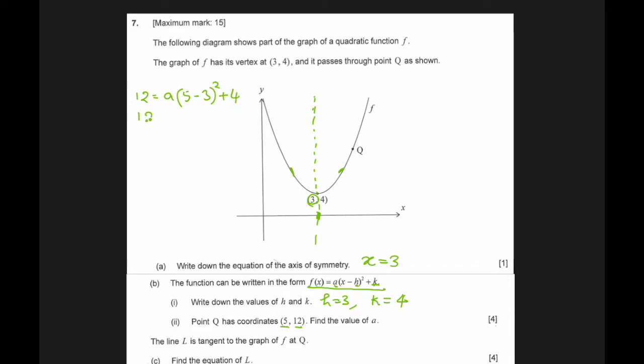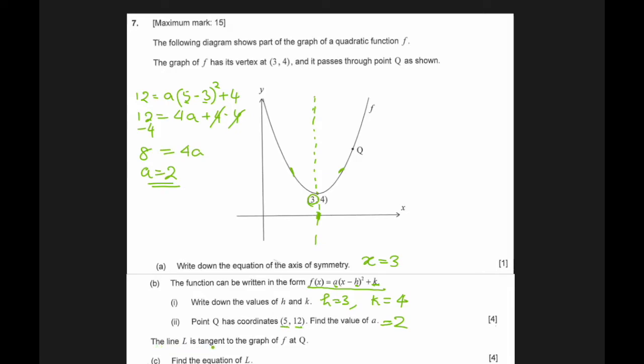So 12 equals 5 minus 3 is 2, and 2 squared is 4, so 4a plus 4. Let's subtract 4 from both sides. So 8 equals 4a because 4 and minus 4 cancel out. Divide both sides by 4, a will be 2. So we got a equal to 2.